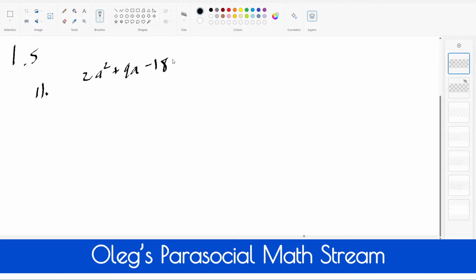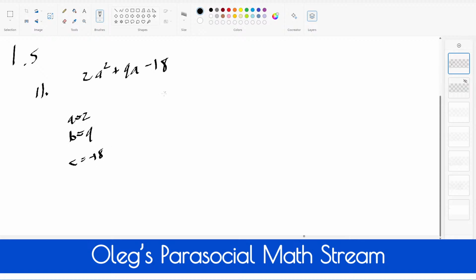I guess we're going to have to break it down. So what is a? And again, what is the coefficient of a? A is equal to 2. B is equal to 9. And C is equal to negative 18.